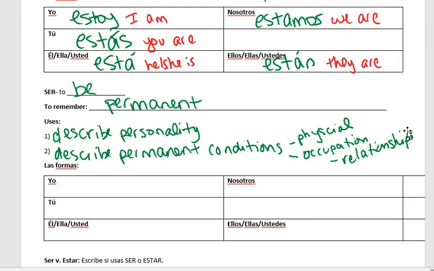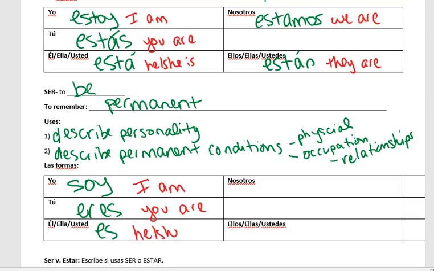Alright, and just like in estar, you have cinco formas. Soy is I am. Eres, you are. Es, he or she is.